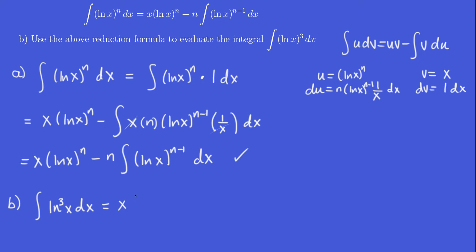So we're going to put n to be 3 in here. And actually, I'm not going to use brackets there either. I think it'll look better. So n is 3 in this formula right now. So x ln cubed x, minus 3 integral, 3 minus 1 is 2, so ln squared x dx. Good.